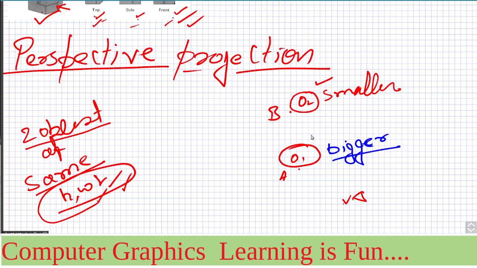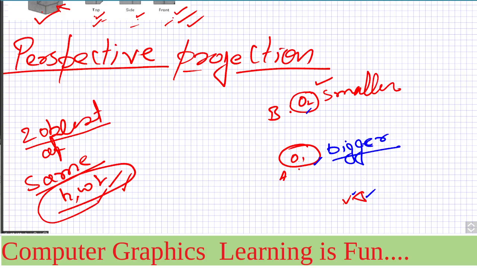So the same thing here in perspective projection we try. What we try is the objects which are near to the viewport, or near to viewport is not the correct word, near to the camera, they should look bigger, and those which are far from the camera, they should look smaller.